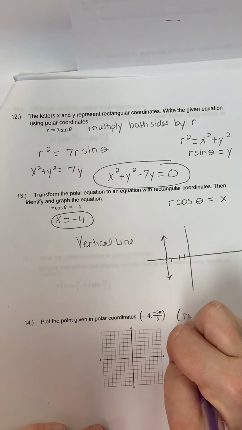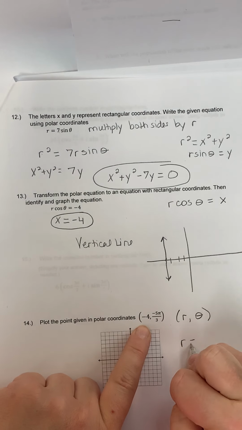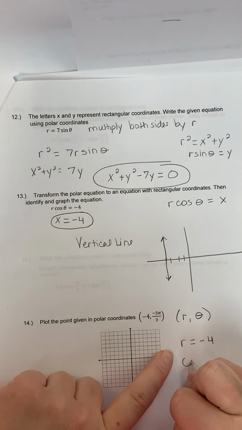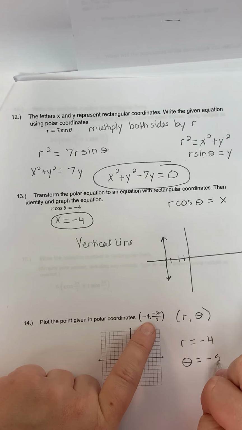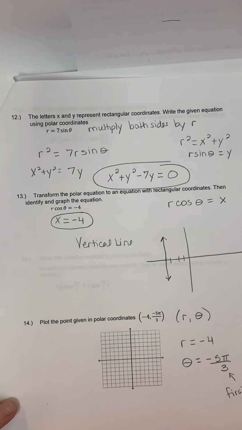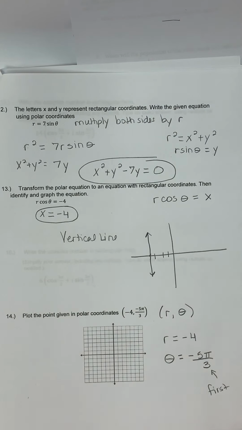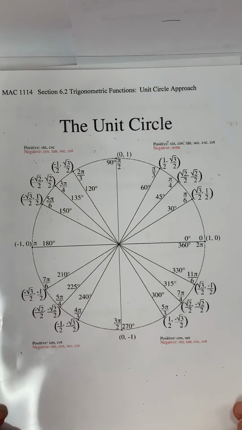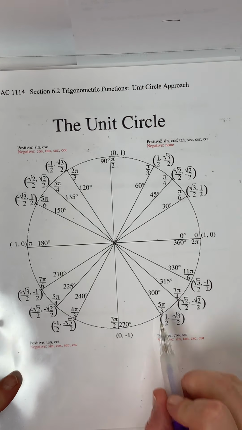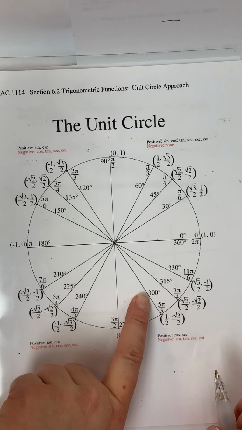Now, number 14 wants you to plot this point that is given in polar coordinates. Remember, polar coordinates look like this, which means my r is -4 and my theta is -5 pi over 3. And remember that you want to graph your theta first. Well, what in the world is -5 pi over 3? I think it's easier to go to the unit circle. Here's +5 pi over 3, which is really 300 degrees.